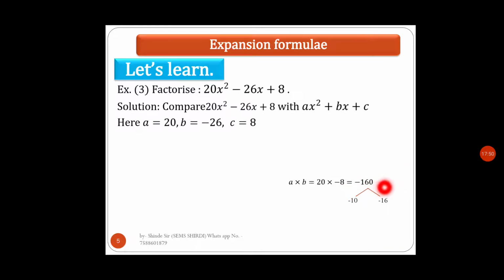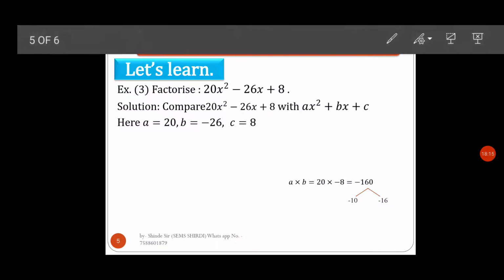We require the product is not minus 160, we require 160 only. Then we take both negative, minus 10 into minus 16, minus minus becomes plus. What we get here, 160, and minus 16 minus 10, what we get here, minus 26.